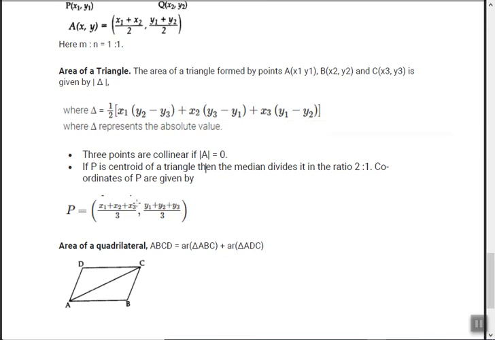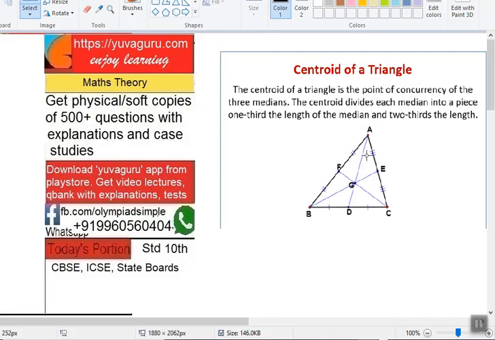Now, if P is the centroid of a triangle, then the median divides it in the ratio 2:1. The coordinates of P are given as, now what is all this? So here, this is a triangle, and these are called the medians. Median means what?